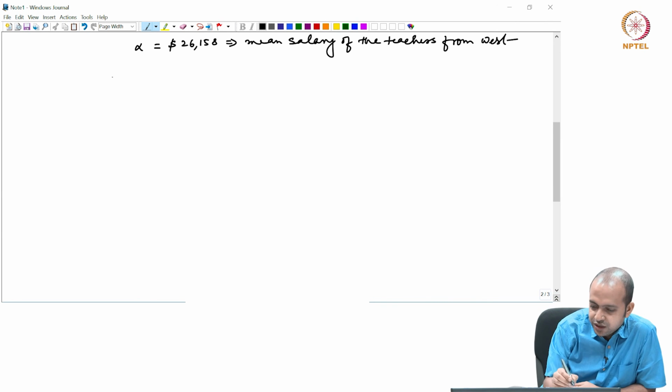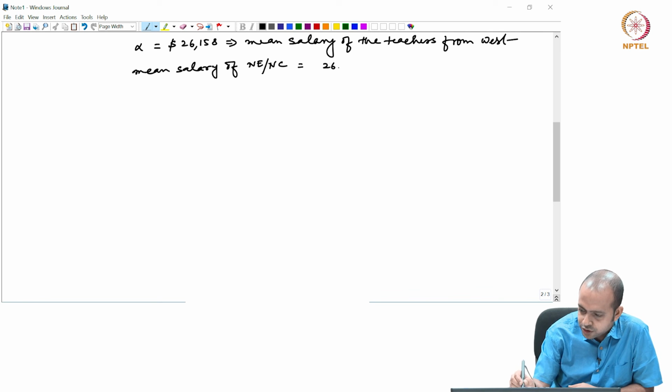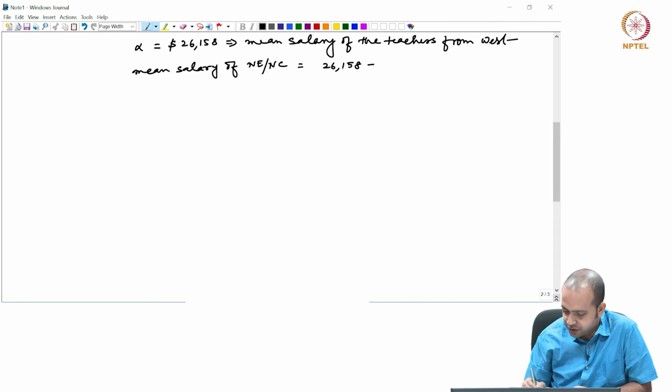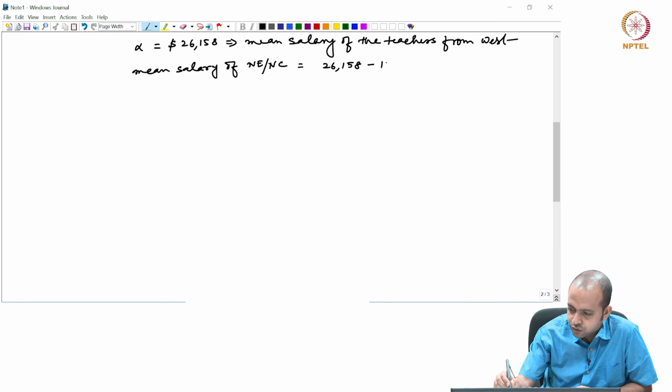So, the mean salary of northeast or north central equals 26,150 minus, what is the value? Minus 1,734 dollars, roughly.